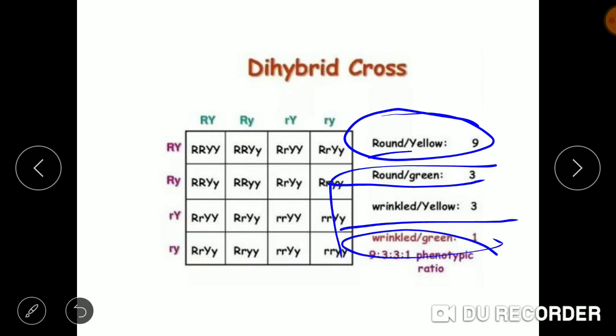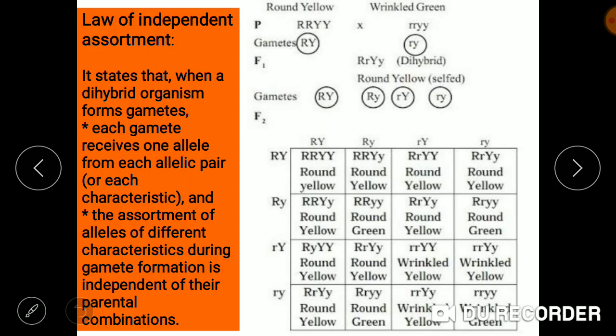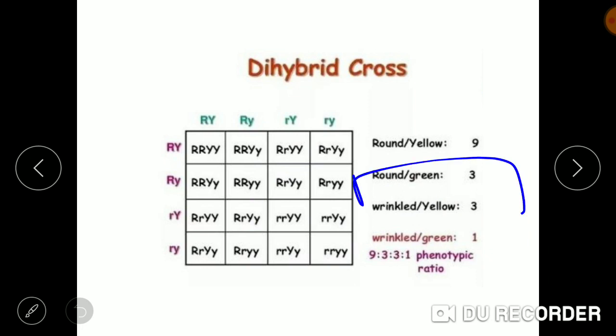So these two new varieties were completely new. So this is what the second statement of this law states, that assortment of the alleles of different characteristics during gamete formation is independent of their parental combination. Some of the offspring obtained were completely different from the parental combination.